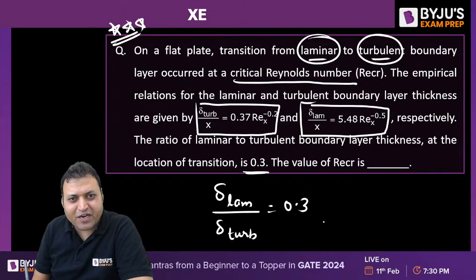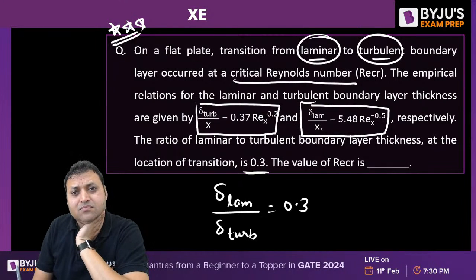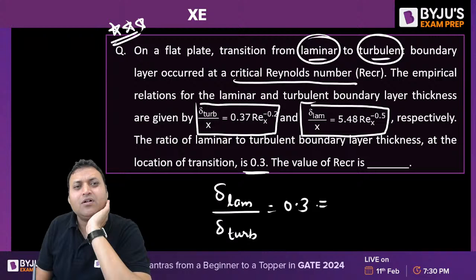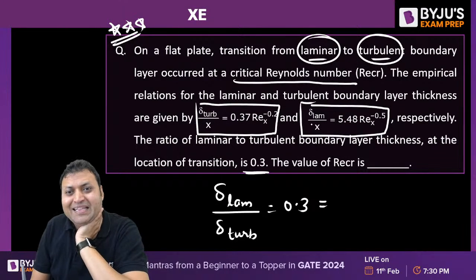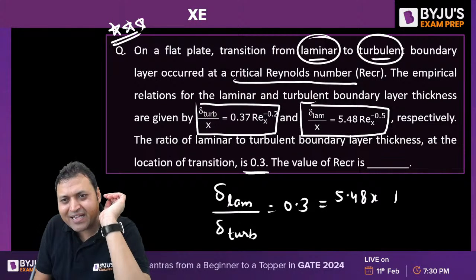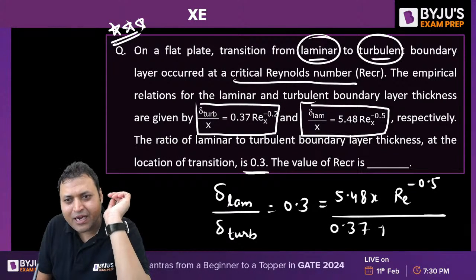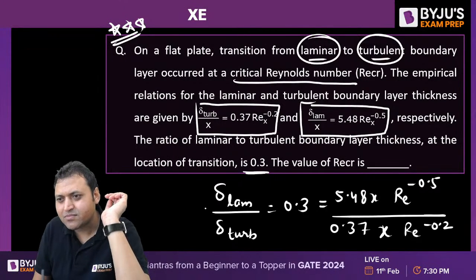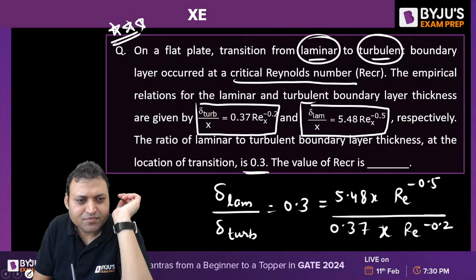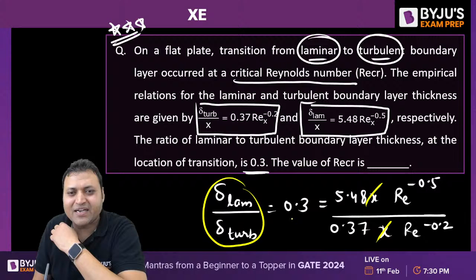So at the transition, delta laminar is equal to 5.48x into Reynolds number to the power minus 0.5, divided by delta turbulent, which is 0.37 into x into Reynolds number to the power minus 0.2. Right? x and x getting cancelled out. So delta laminar by delta turbulent is 0.3.